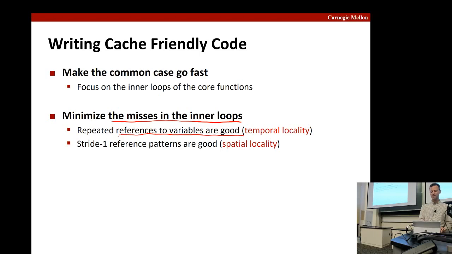Don't go out to memory at all. And stride 1 reference patterns are good, because then you hit in the cache if you're touching items in the same cache line. Cache lines are 64 bytes long, so you can read, for instance, 8 consecutive doubles, and they're all hits after the first one.